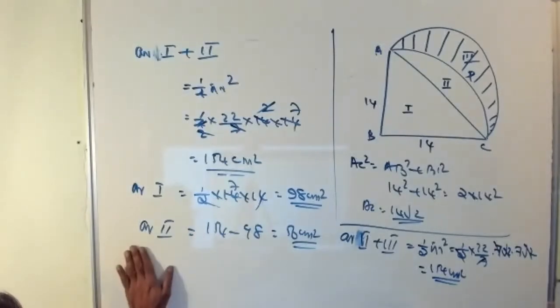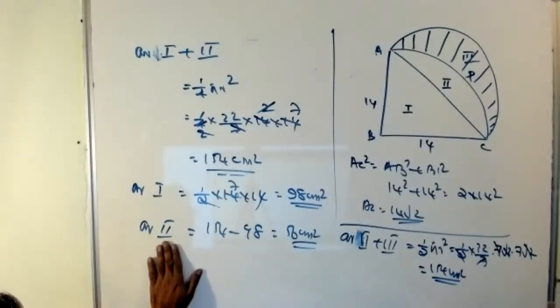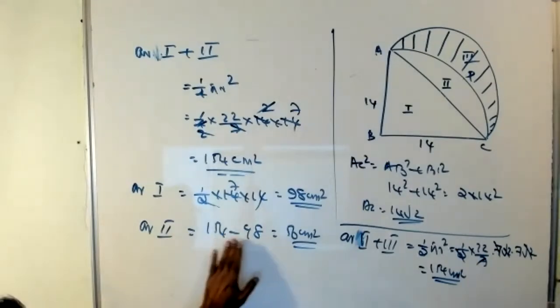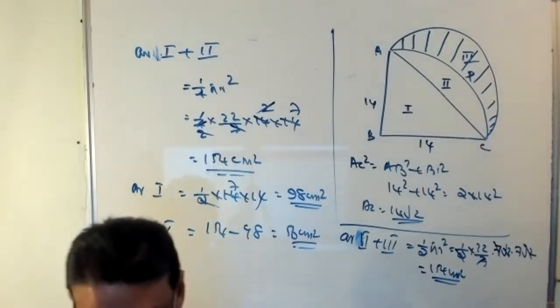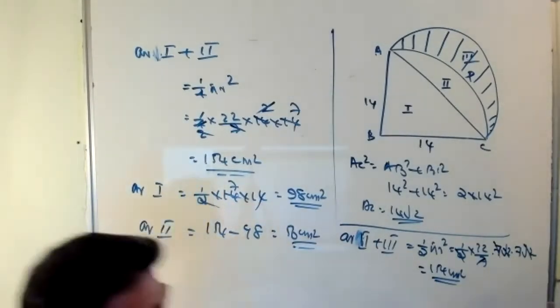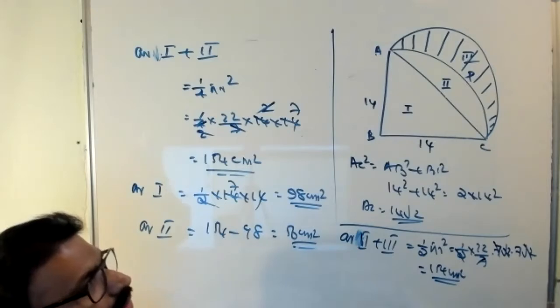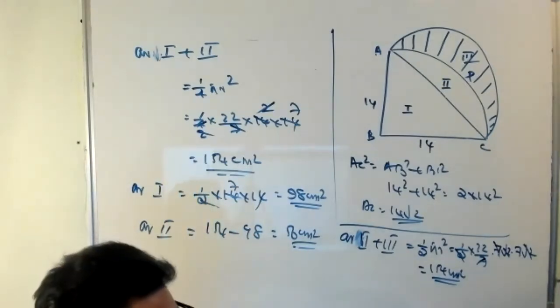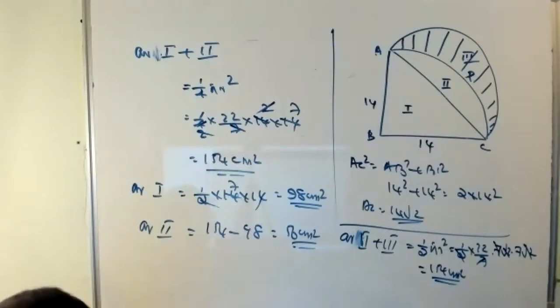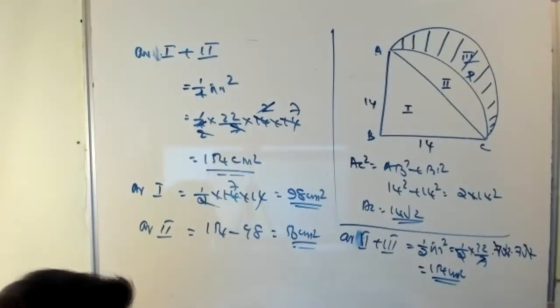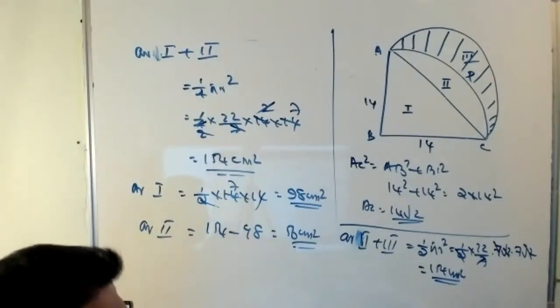Then area of 2 is 154 minus 98, equal to 56 centimeter square. Then area of 2 plus 3 equals half pi r square, which is half into 22 by 7 into 7 root 2 into 7 root 2.